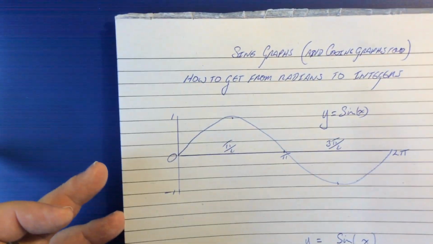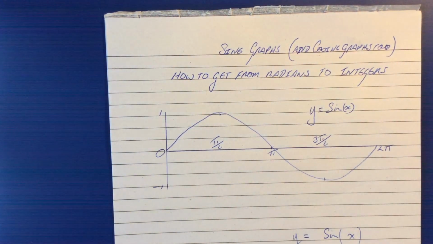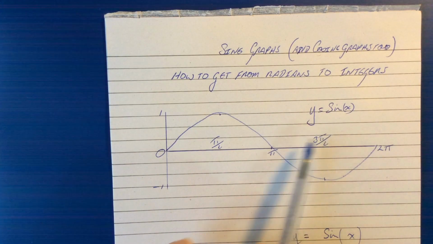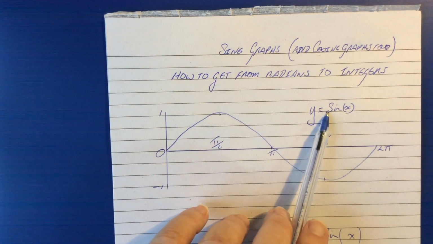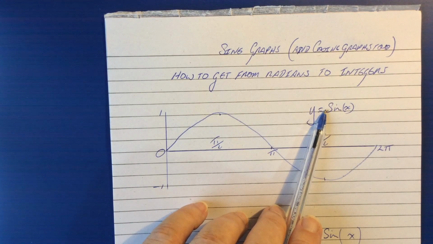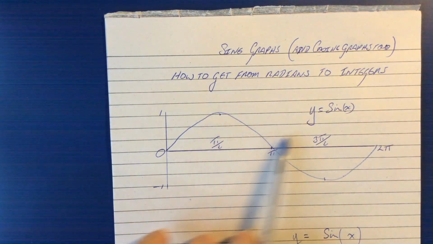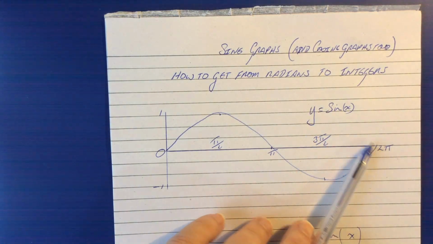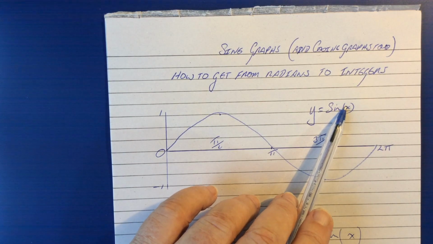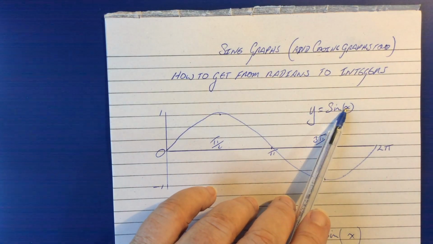So our standard sine graph looks like this. If we wanted to increase the amplitude, we would put a number here, greater than 1. If we wanted to decrease the amplitude, we would put a number smaller than 1 here. And the way in which we deal with the period is to multiply this x by something.